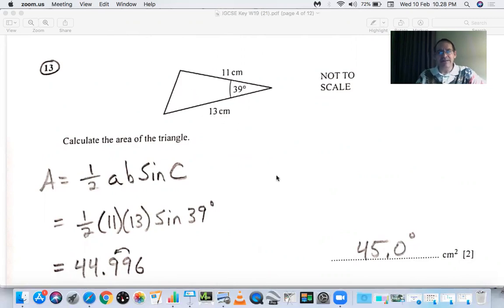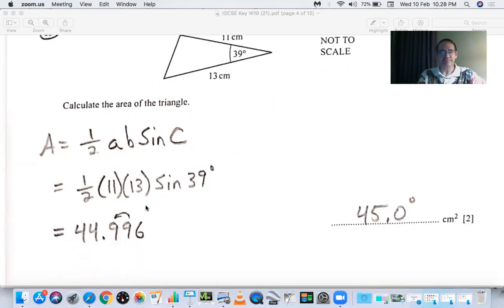So it's a little easier if you use the trigonometric formula for area of a triangle, which is 1/2 AB sine C. As long as you have two sides and the included angle, then you can use 1/2 AB sine C. So here you have 1/2, A is 11, B is 13, and sine of the included angle, sine of 39 degrees. Make sure your calculator is in degree mode when you calculate this out.